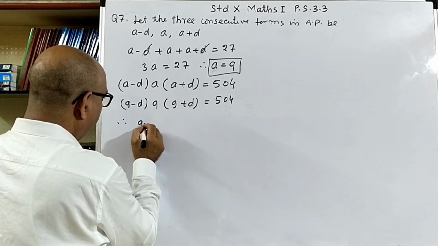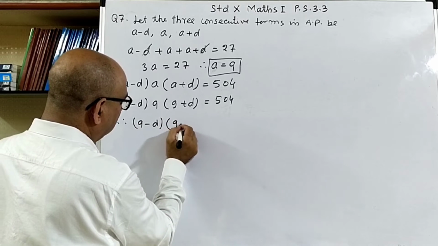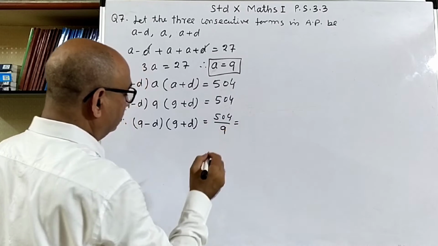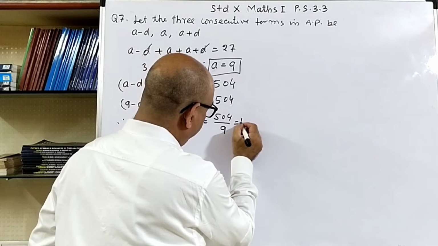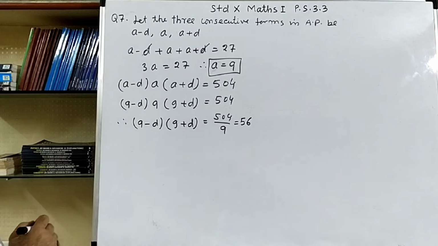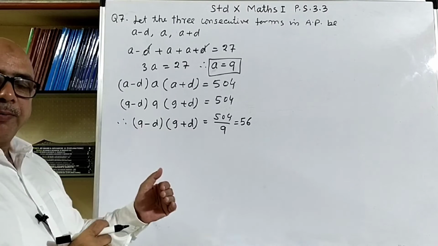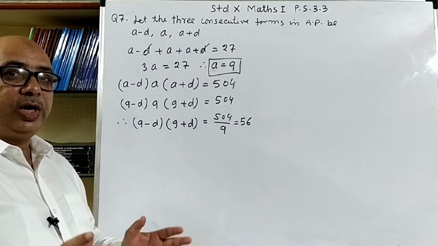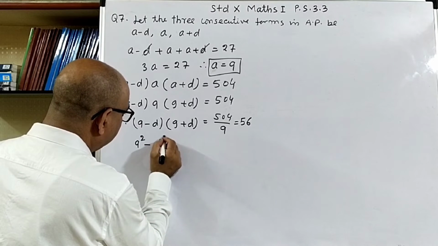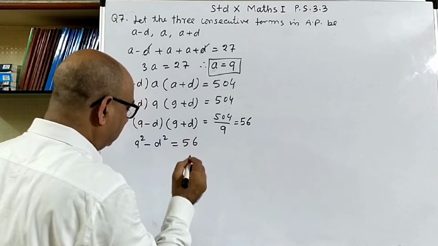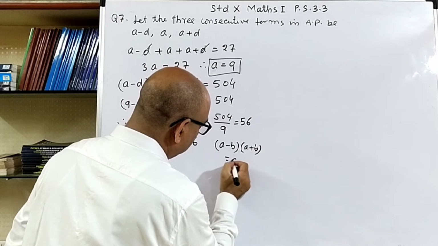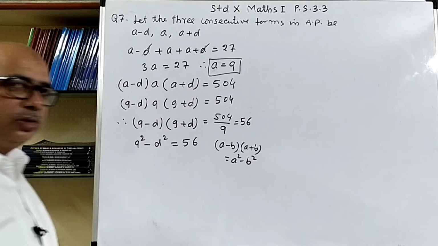Therefore, 9 minus d into 9 plus d is equal to 504 divided by 9, which is 56. This is a minus b multiplied by a plus b, which is equal to a squared minus b squared. That means this is equal to 9 squared minus d squared, which is equal to 56. Here we have used the formula a minus b into a plus b is equal to a squared minus b squared.